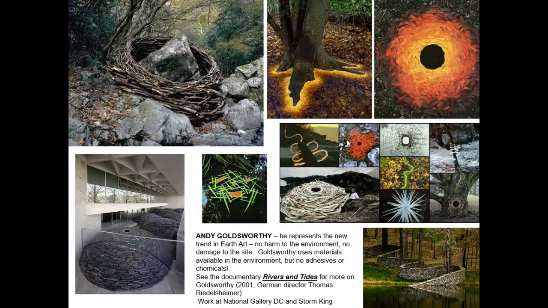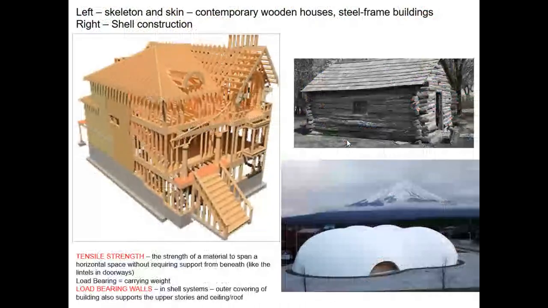He's not creating metal armatures or welding things together. Normally, he puts the objects together and then allows them to be reclaimed by nature through wind and rain and other erosion effects. So they're temporary. They're meant to exist without harming the planet itself.